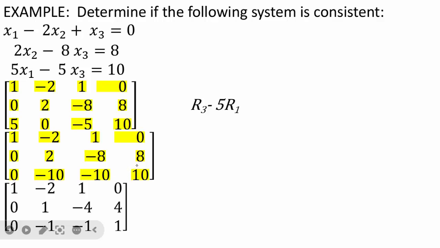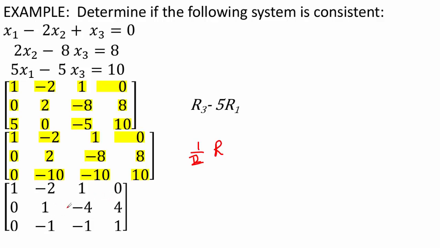Now, we have to make this second element 1. How to make this second element 1? Divide this row by 2. If you divide this row by 2, then you will get that element 1. For that, apply 1 by 2 R2. This operation you have to apply, and only the second row will change: 0, 1, minus 4, 4.